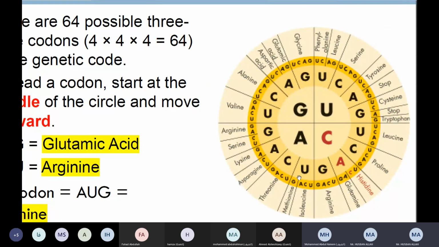Show us the code AUG. For which amino acid does it code? Come on, come here, so you can easily find it.